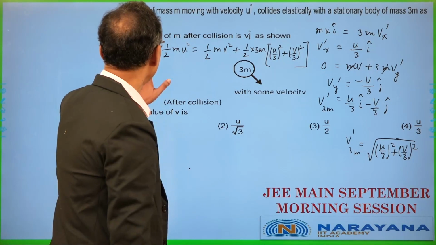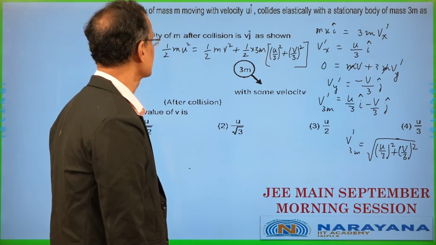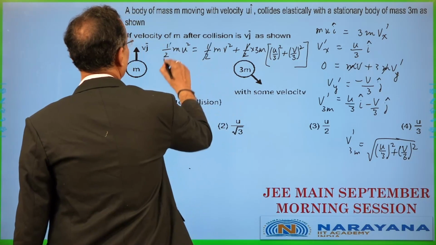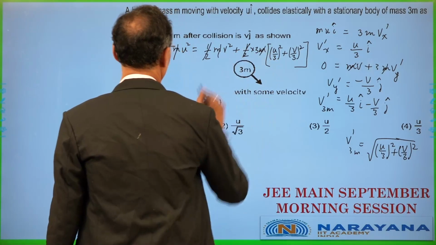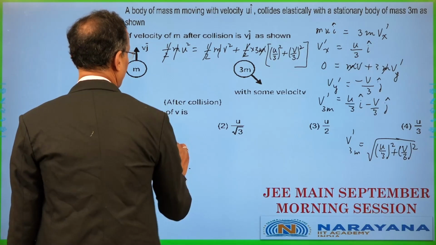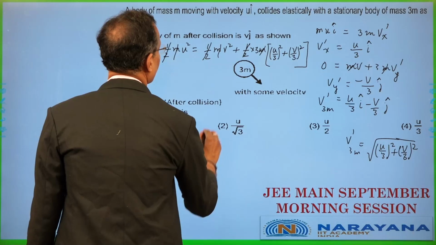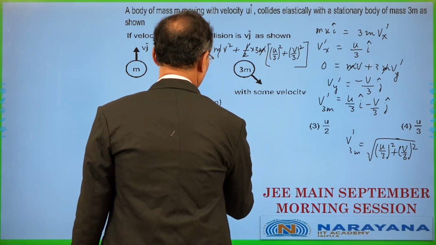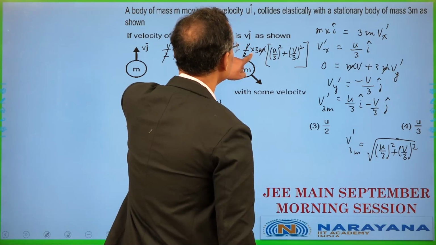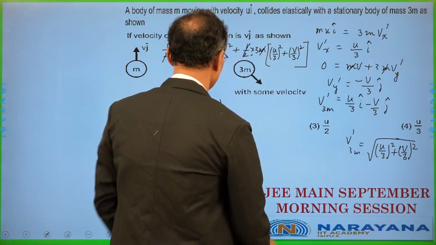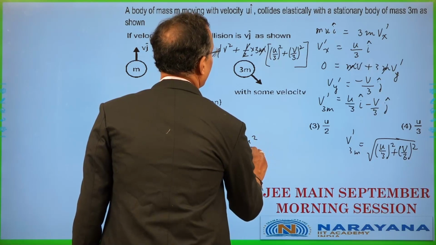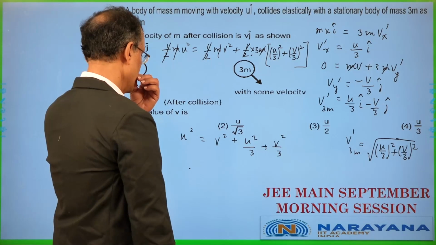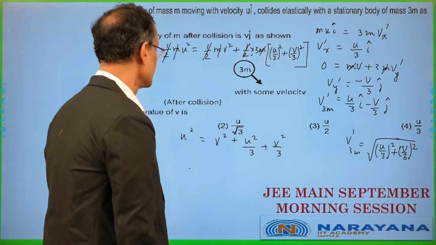Check it now. All quantities are in terms of only u and v. First I remove half m. Clear? What am I getting here? u squared, and here I am getting v squared plus, here it is 3 and here is 3, so you remove one 3. You are getting u squared by 3 plus v squared by 3. This one will come this side.